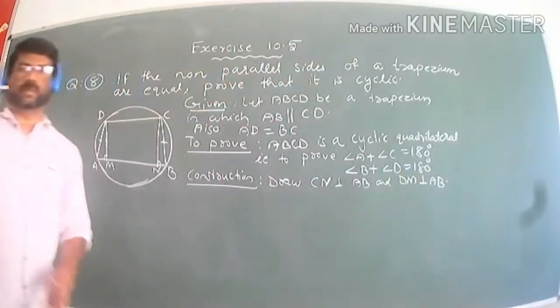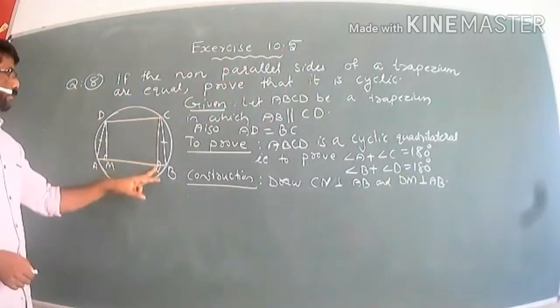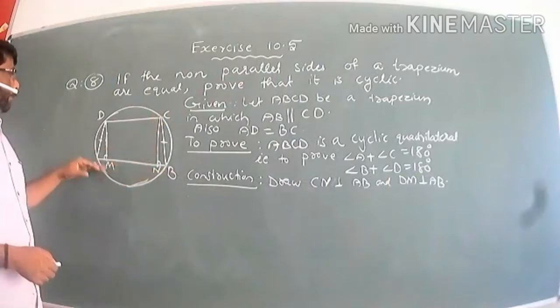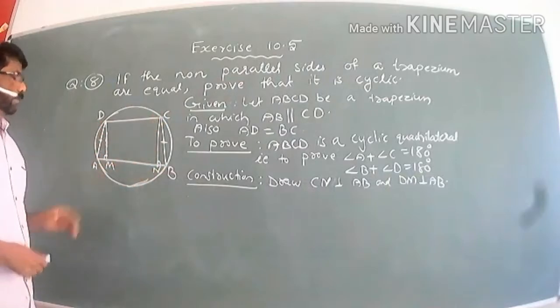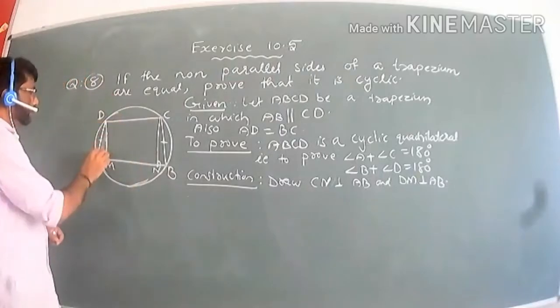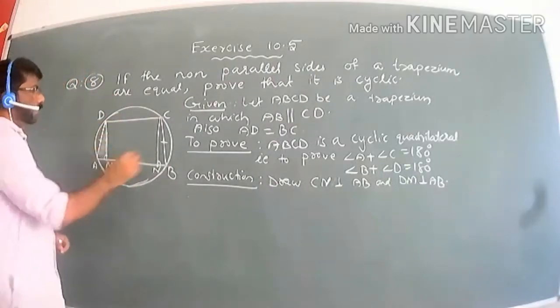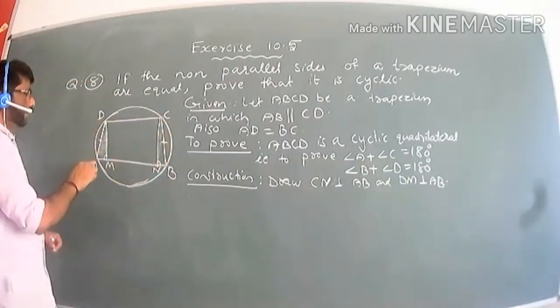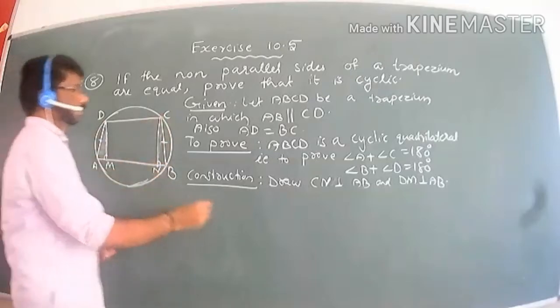We have drawn two perpendiculars. One is CN from C perpendicular to AB, from D DM perpendicular to AB. Now we can see these two triangles. Consider these two triangles, triangle DAM and triangle CBN.